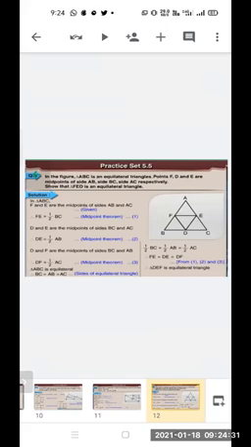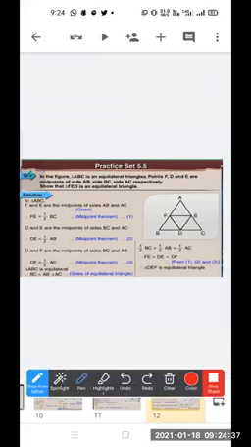Let us see the solution. In triangle ABC, F and E are the midpoints of side AB and side AC, so by the midpoint theorem, FE is half of BC.